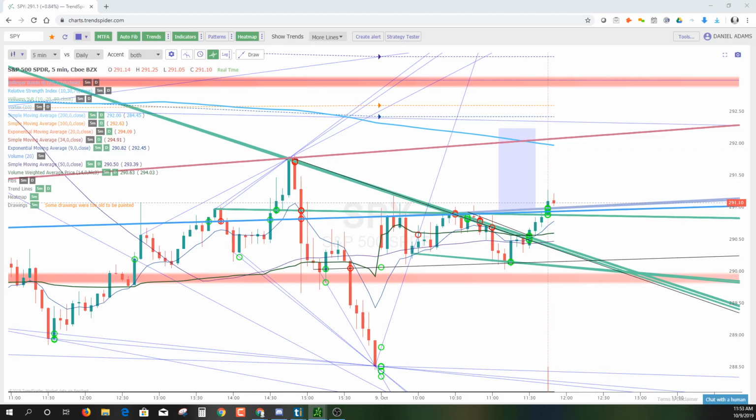Let's see, no new programs selling. Man, it is very, very light, still light volume. Not much. I think it's going to be kind of lackluster until we get to 2.